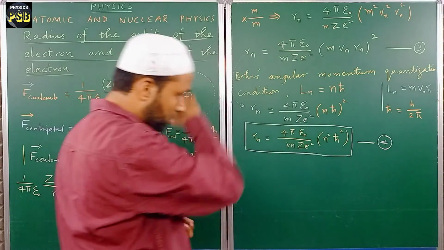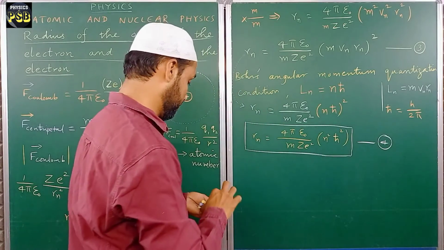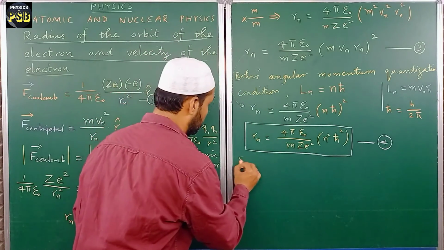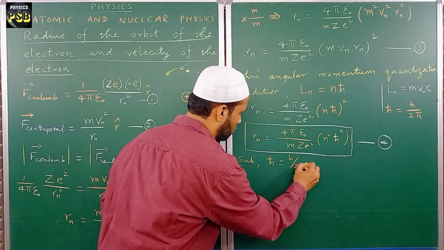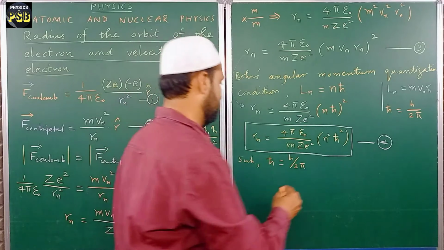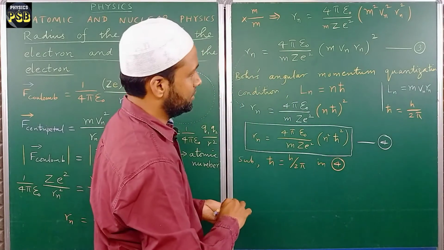Now if we substitute the value of h bar, let's see what we get. Substituting h bar equals to h upon 2 pi in equation number 4, I'll get this.